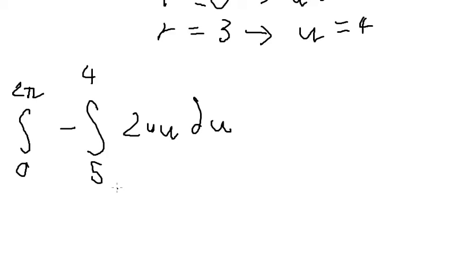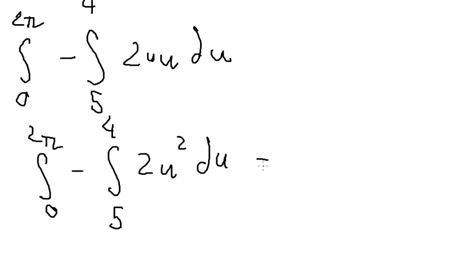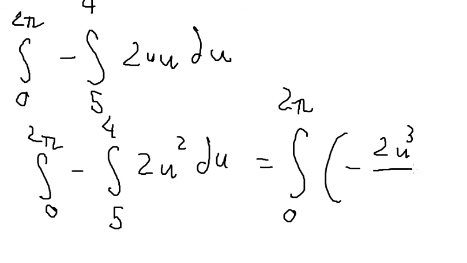And you get u squared, and this one we will get negative 2u to the power of 3 over 3, and we have the bounds from 5 to 4, and we have theta in here, I forgot.